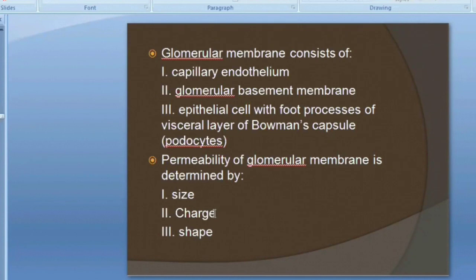Because of this charge, cells, that means red cells, which are also negatively charged, WBCs, and proteins, which are negatively charged, cannot pass through it. Okay? So proteins cannot pass because of their large size and because of their negative charge. Negative charge repels negative charge. And this permeability also depends to some extent on shape. Okay?